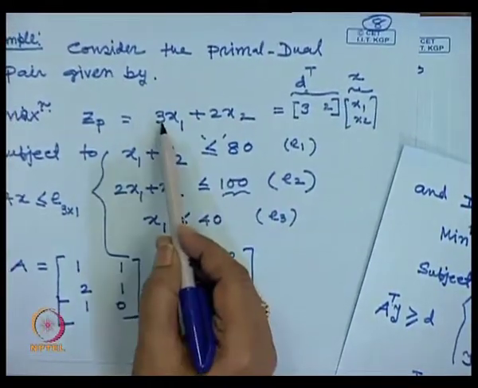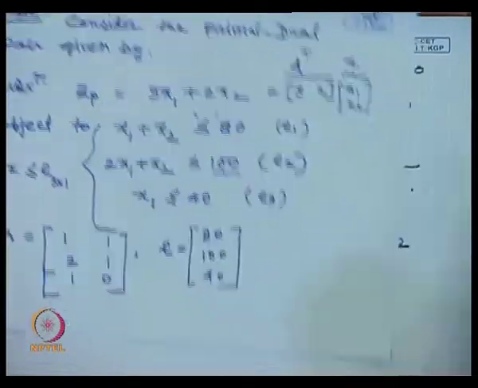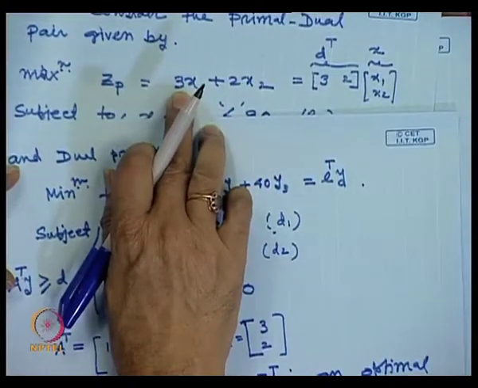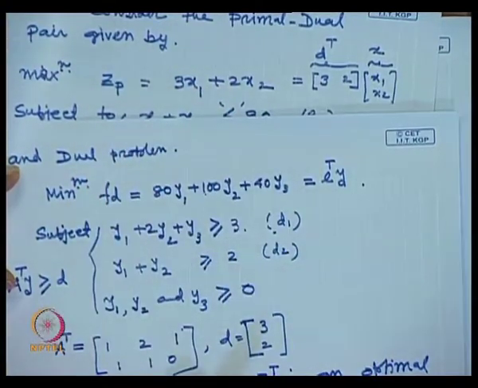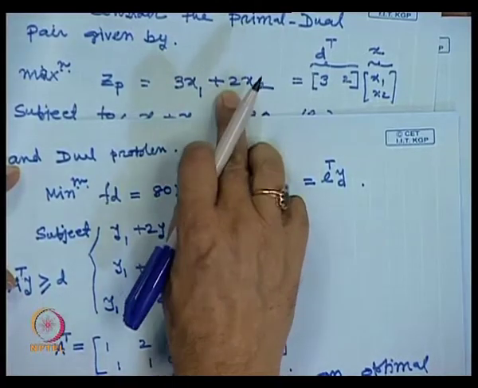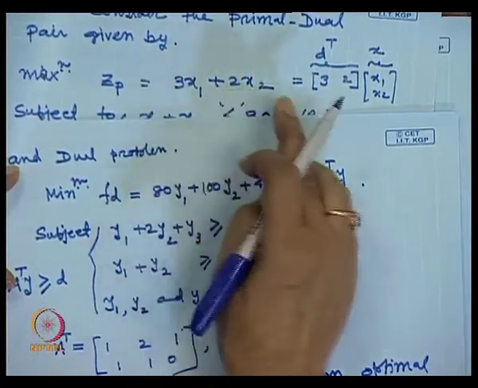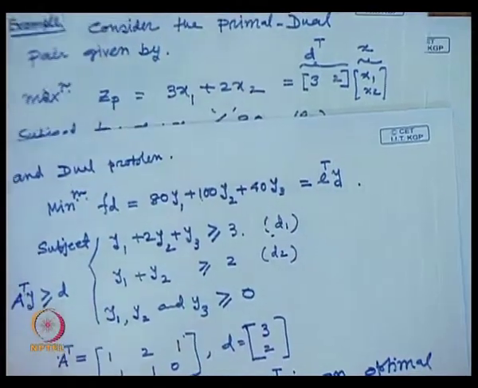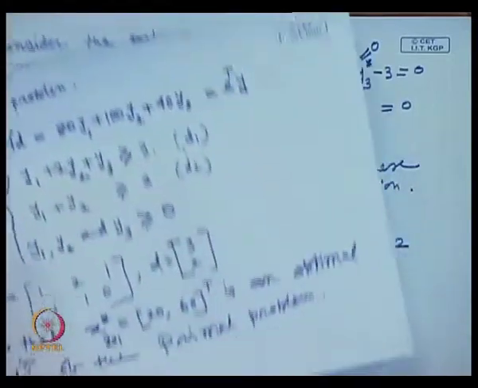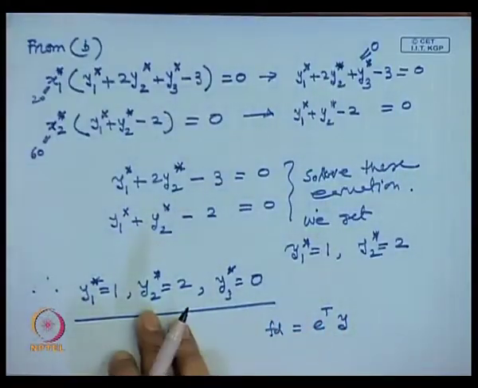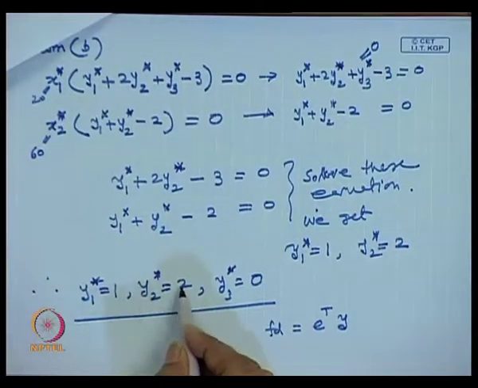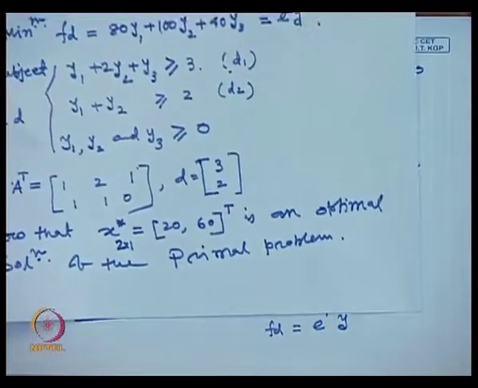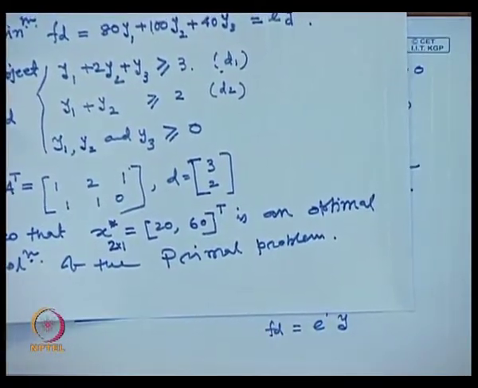Here you see our optimal solution of this one: 20 into 3, 60, and 60 into 2, 120, and 60 plus 120 is 180. For the dual problem, with the results we got, y1 is 1, y2 is 2, and that value will also be 180.